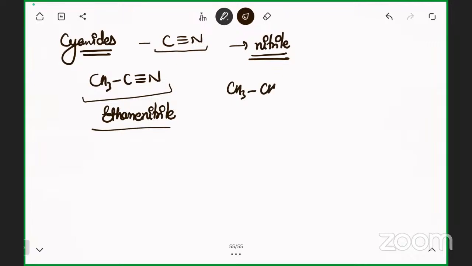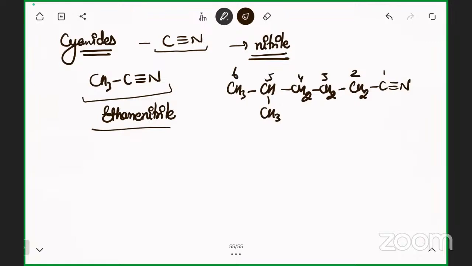Okay, CH3, CH, then go for CH3, then CH2, CH2, CH2, then C triple bond N. Now do it. From where should I do the numbering? Just tell me first. Right side, sir. Right side. Let's take 1, 2, 3, 4, 5, and 6.